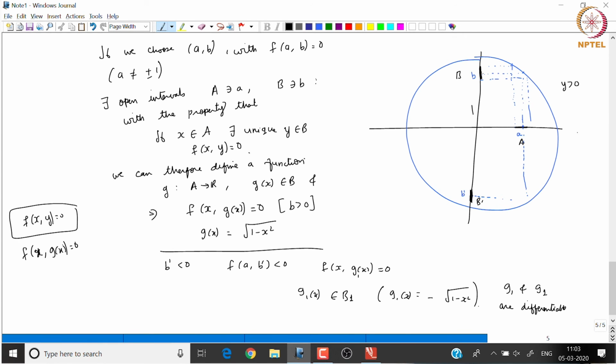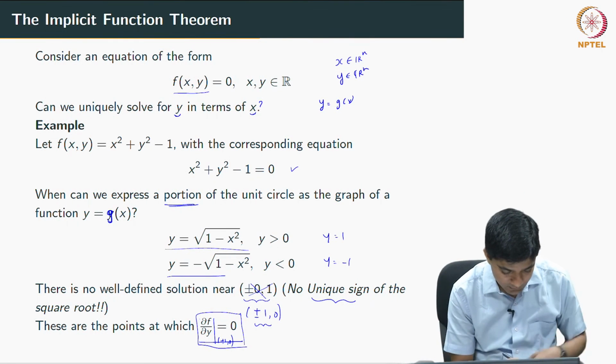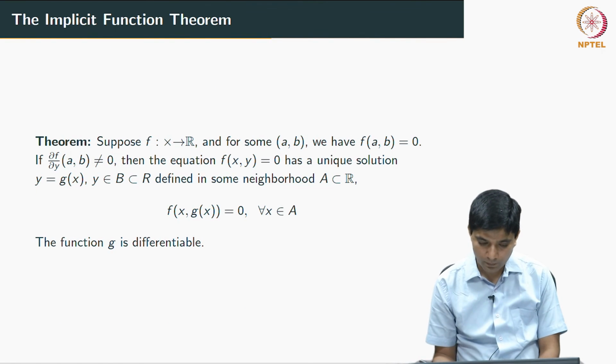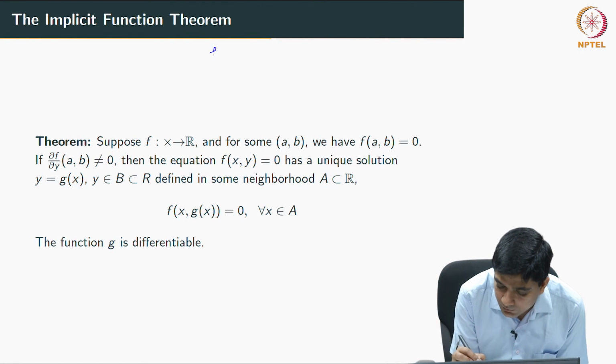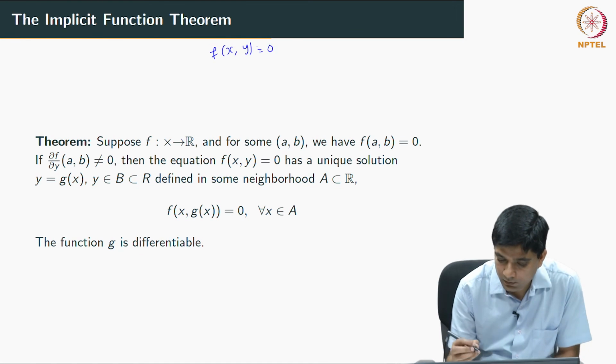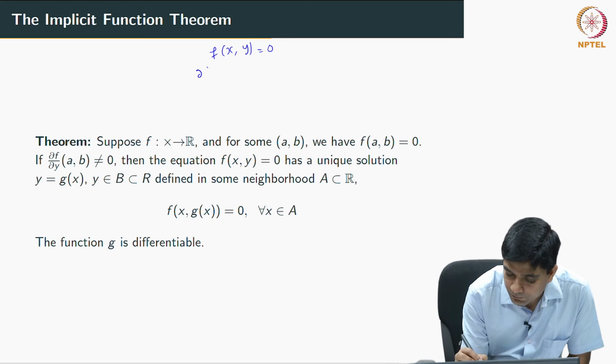And under what conditions can I write that. So let us go back to these conditions here. So let us say I am just looking at f x comma y equal to 0. I can just do some basic calculus and say that, partial of f by partial x plus partial of f by partial y times dy by dx equal to 0.